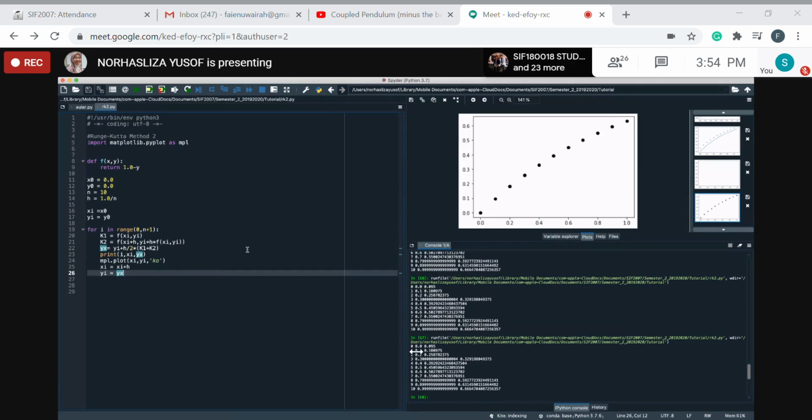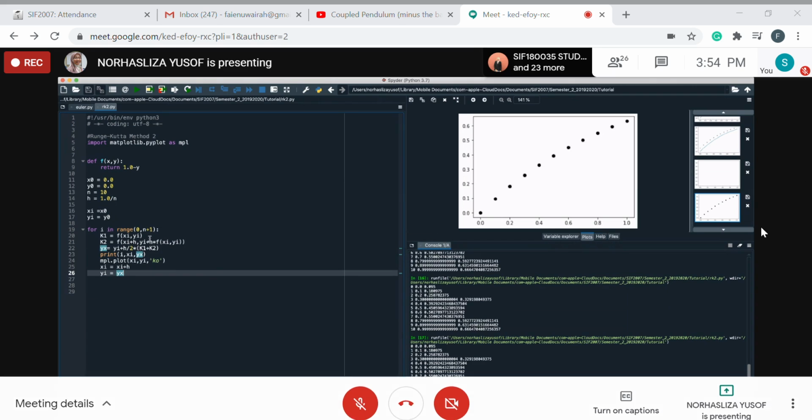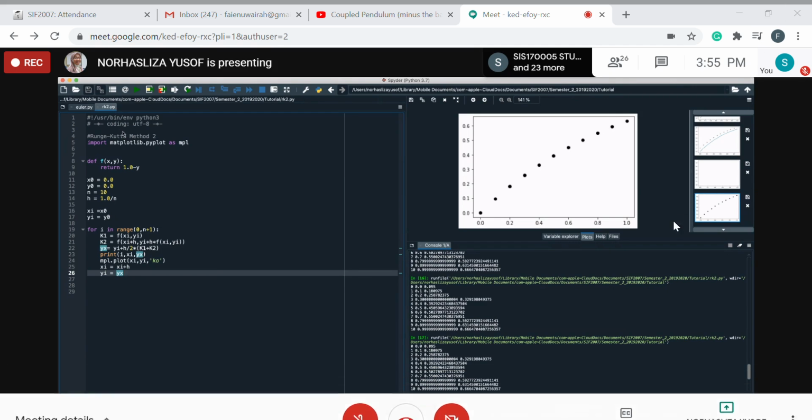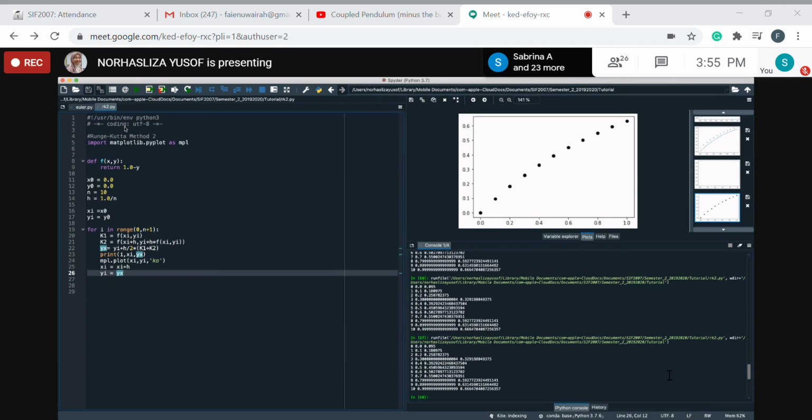So how about for RK4? For RK4, the difference is you're going to expand your K, right? So I just save as, I save a copy, RK4.